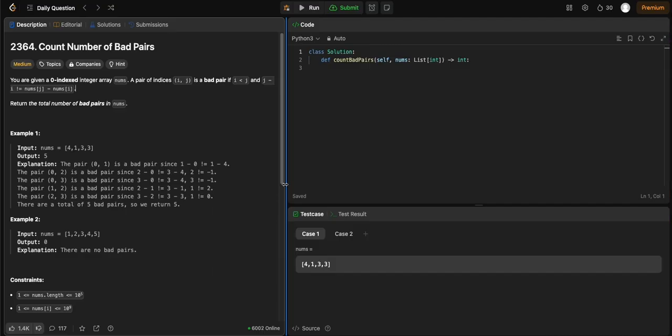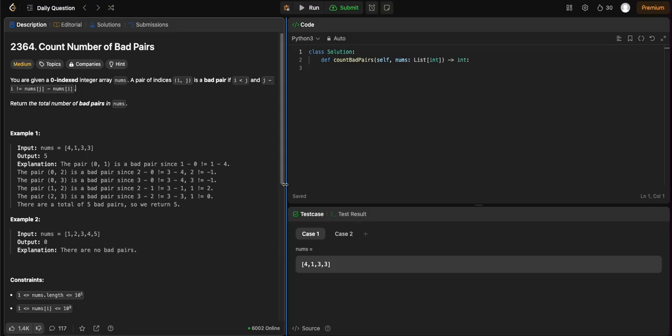And the other idea I thought of is that finding bad pairs is kind of harder than finding the opposite, the good pairs, so the pairs where j minus i is actually equal to nums j minus nums i.